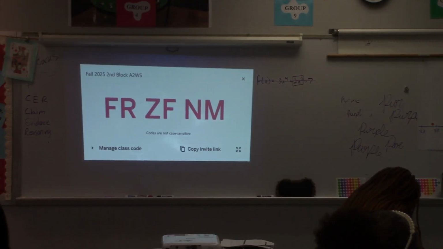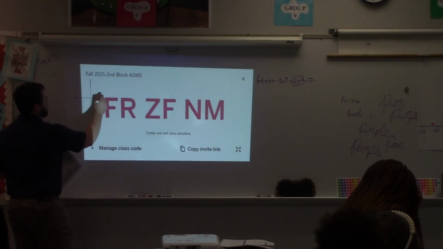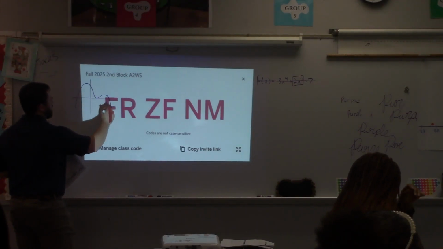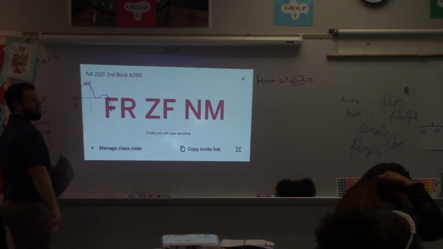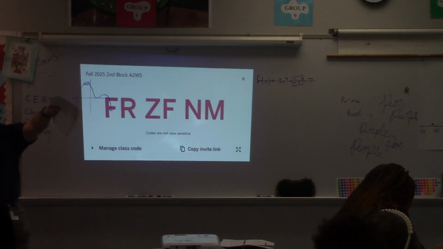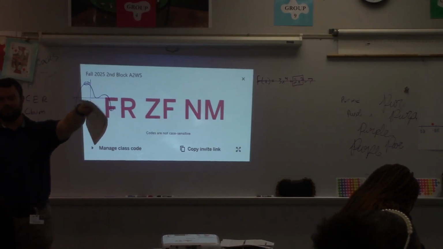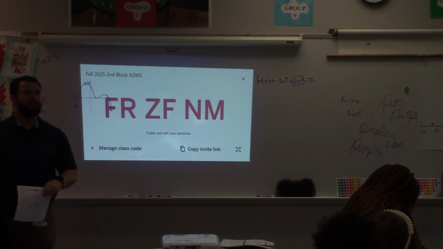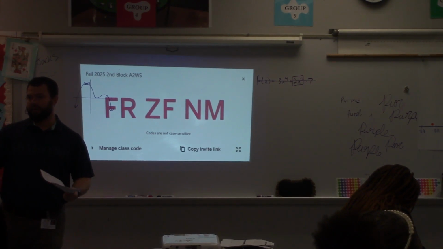Okay, so there is a vertex getting closer, but I will point this out. Okay, right here. I mean, it turns into a U. Yes, parabola, upside down. Yeah. This has a maximum. Is that going to be a quadratic? No. No, because we have to talk about a what? What did you say? What term did you use? A parabola, right? If it's not a parabola, it is not quadratic. Okay?